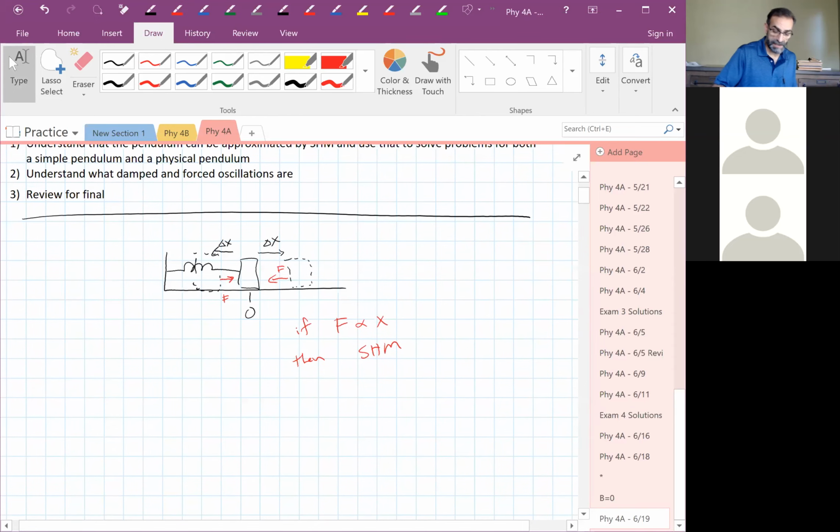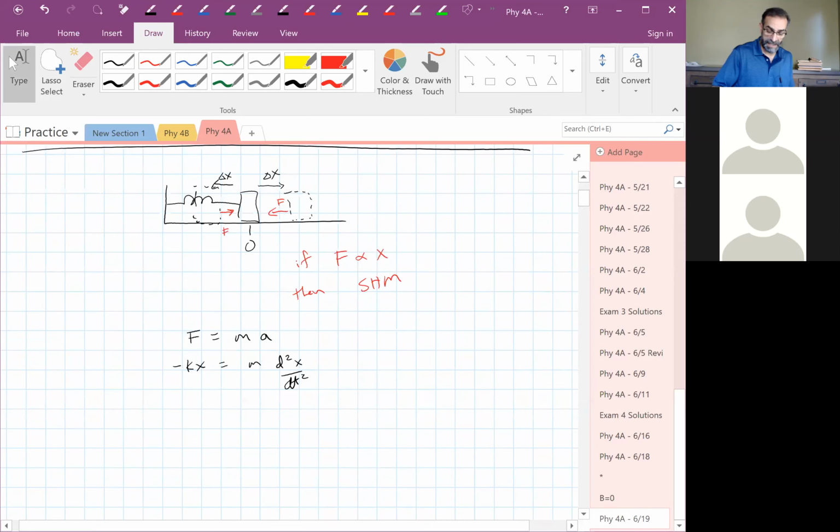And that's because we get this type of equation. So the force is proportional to x, and we get the second derivative of x is equal to something times the same function.